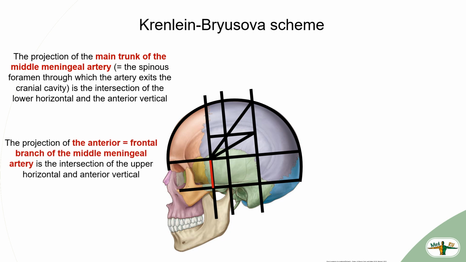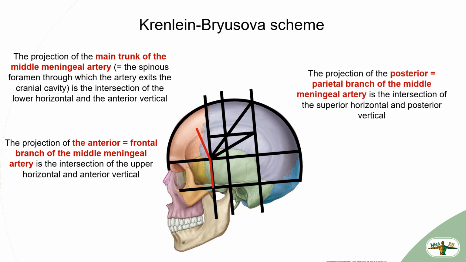The projection of the anterior, equals frontal, branch of the middle meningeal artery is the intersection of the upper horizontal and anterior vertical. The projection of the posterior, equals parietal, branch of the middle meningeal artery is the intersection of the superior horizontal and posterior vertical.